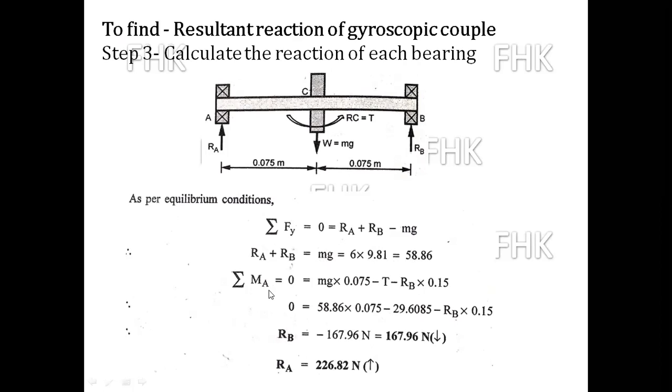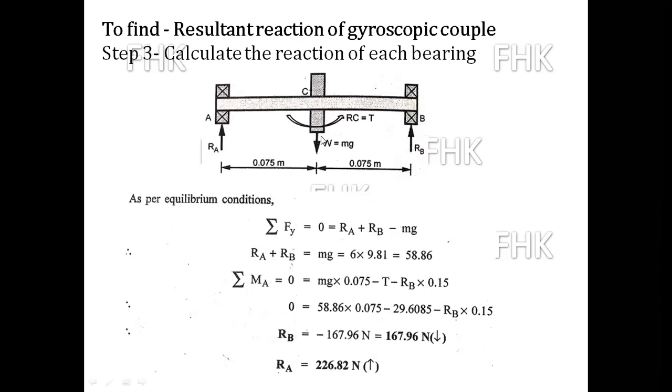Now taking the moment of all the forces around A. So the summation of moments at A is equal to 0, equal to mass into g in clockwise direction. The reaction at A, force into perpendicular distance, is a moment, so Ra into its distance will be 0.